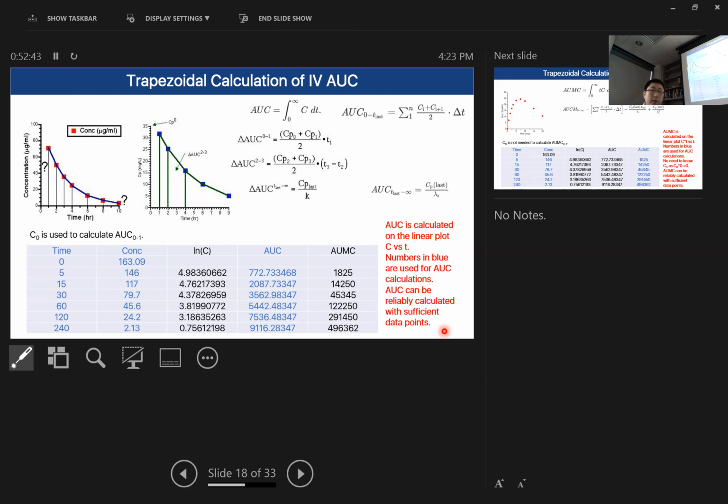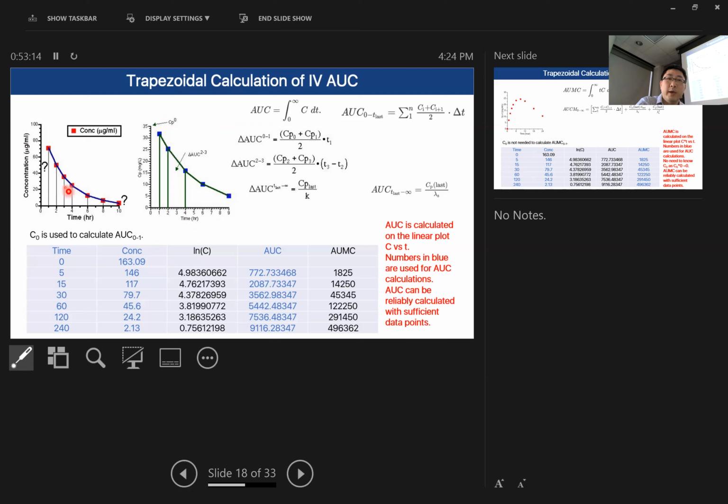And to evaluate the quality of your PK experiment, one way is to measure the area from time 0 to the last data point. We call that AUC 0 to T last. Then you also calculate the AUC from 0 to infinity, and take the ratio.